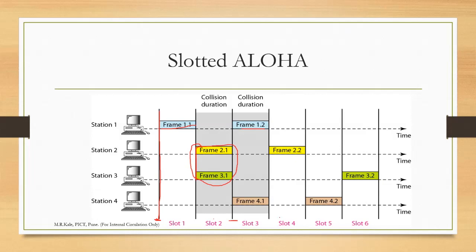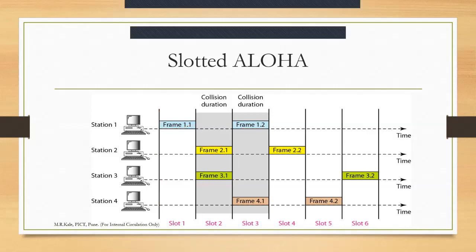But even if the station has data to send at this time instance, it will have to wait for this much time for the start of a new time slot, and only at the beginning of the new time slot can the frames be sent. Due to this, the vulnerable time of the slotted ALOHA technique is reduced.